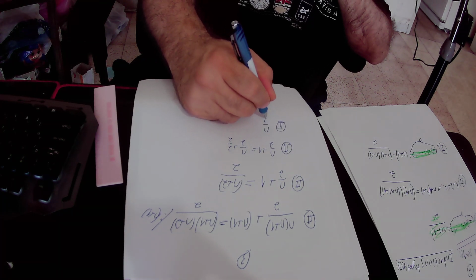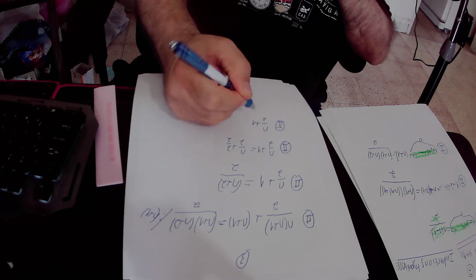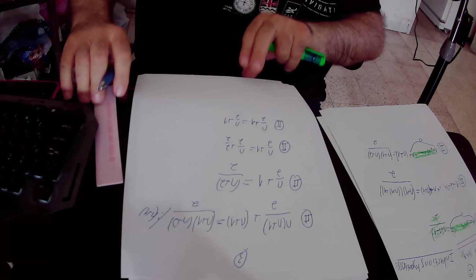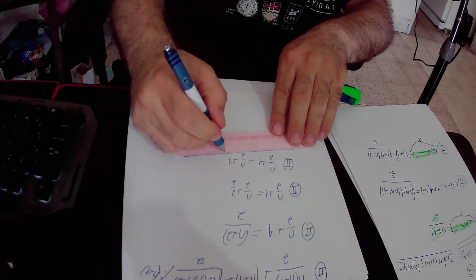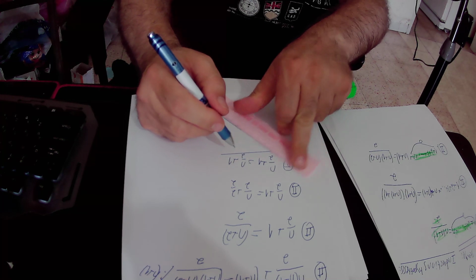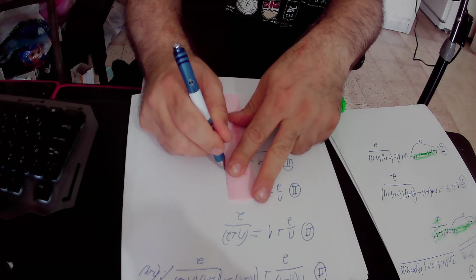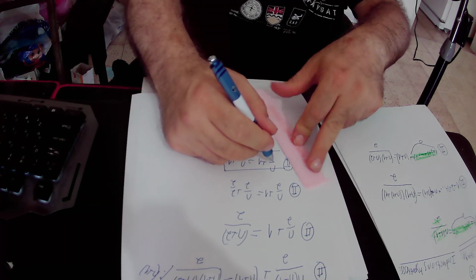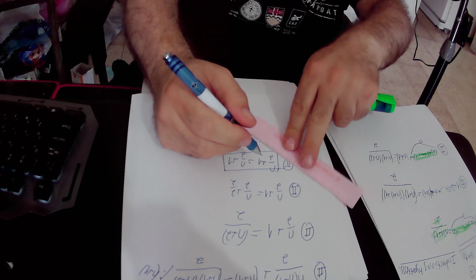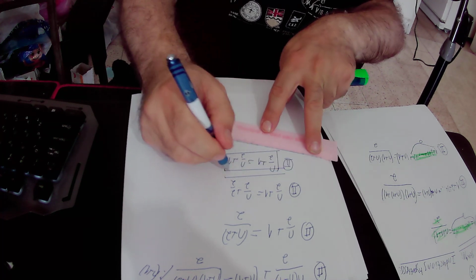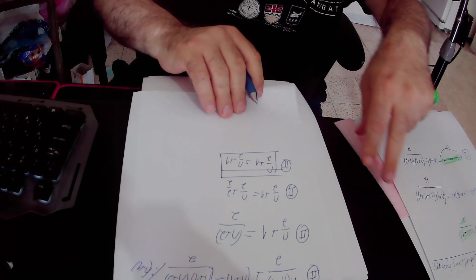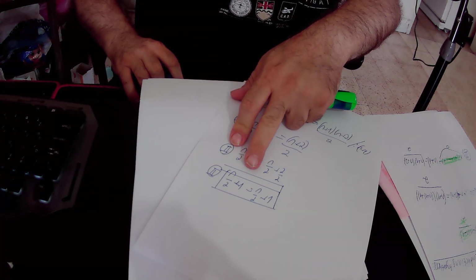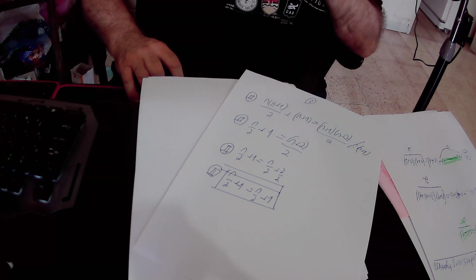So it is n divided by 2 plus 1 equals n divided by 2 plus 1. So actually we got an identity that says n divided by 2 plus 1 equals n divided by 2 plus 1.